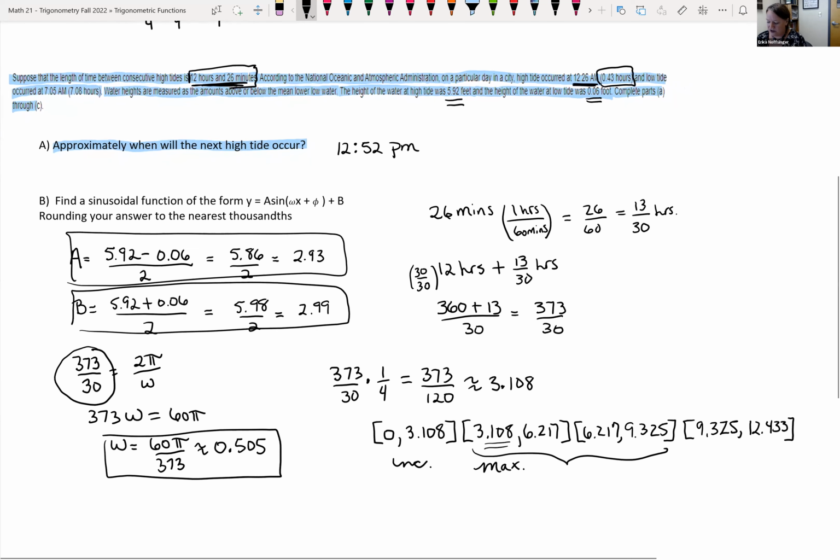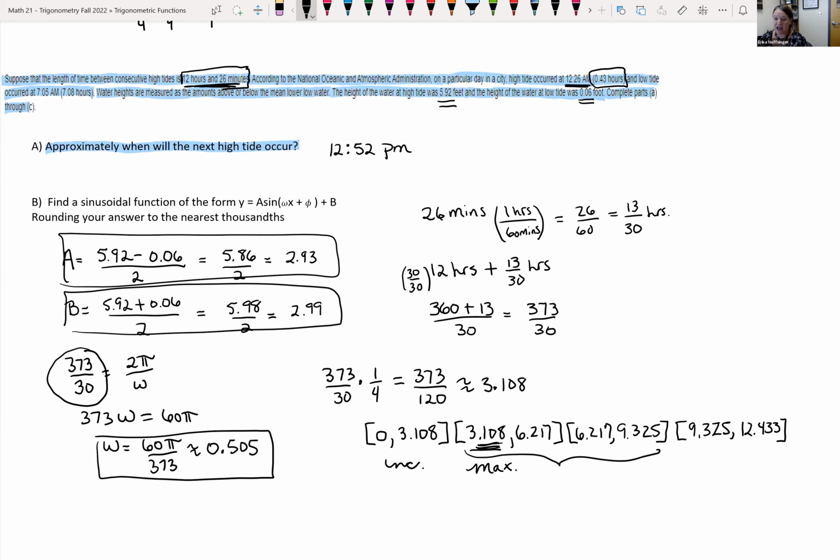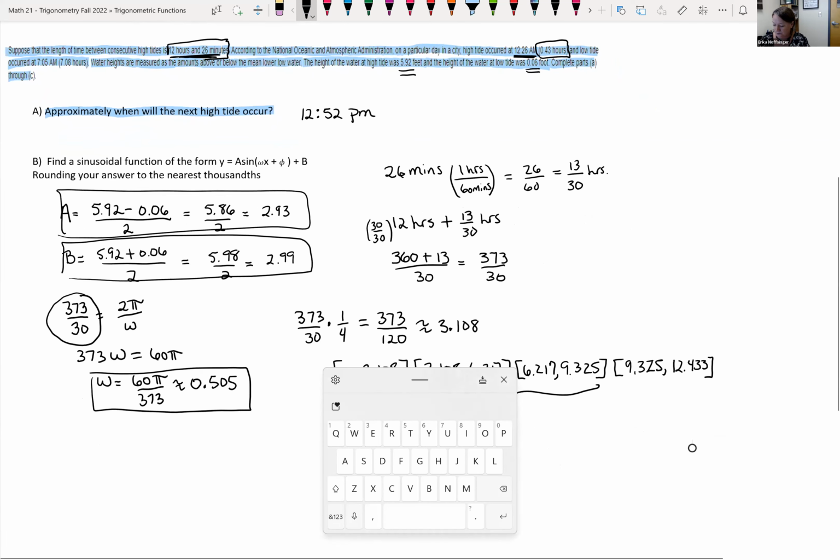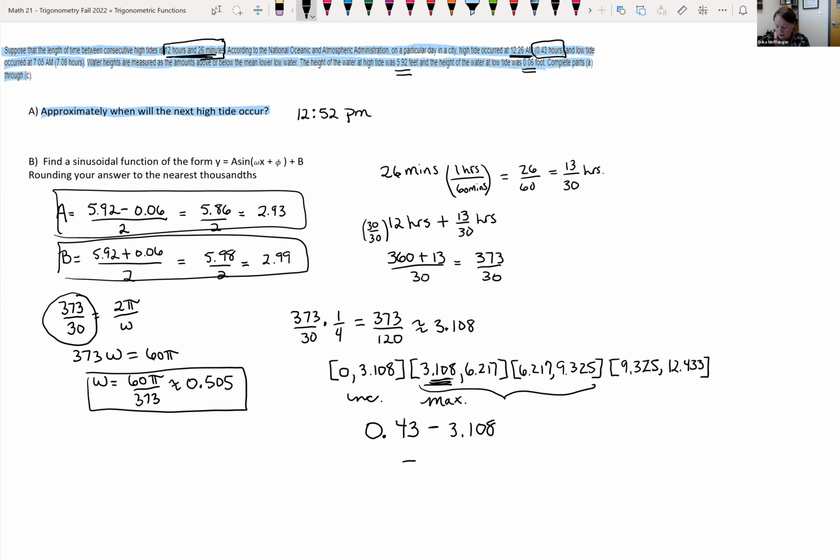Normally, without any horizontal shift, it would be at 3.108 hours. So we're going to take the horizontal shift, starting at 0.43 minus 3.108, which gives us negative 2.678. So this is what our phi value is equal to.